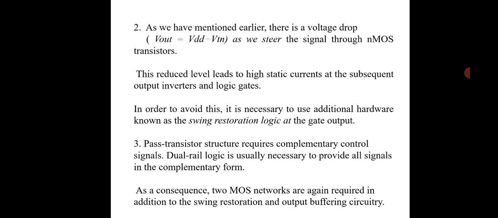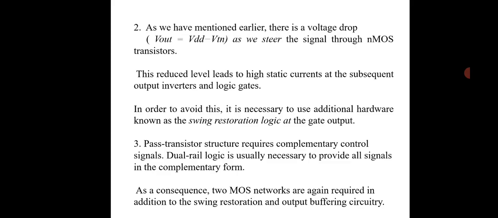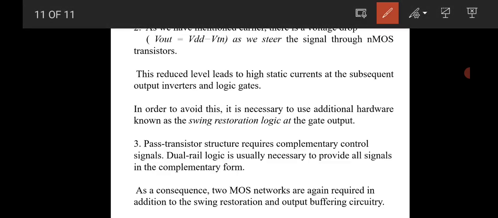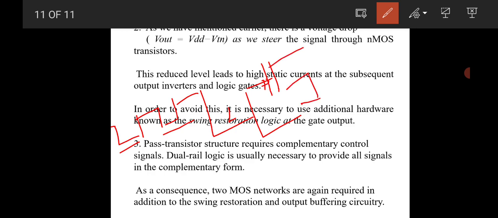The third one is that a pass transistor requires a complementary control input. Let us see here, if you are connecting the pass transistor in this fashion, what happens is that the last one can be considered as a 2 volt supply. If you connect it to a PMOS network, and you are running one inverter network, at that time this 2 volts cannot sufficiently turn on this NMOS transistor, because the NMOS transistor may be activated only for greater than 2 volts if the threshold voltage is greater than 2.